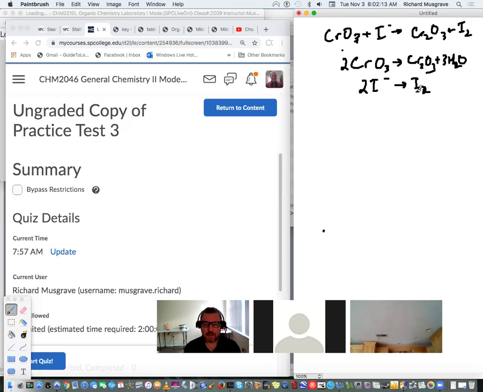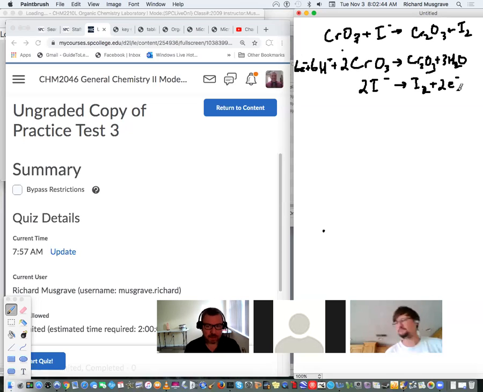And down here, that's fine for I. Now the hydrogens, we need 6 H pluses over here. And this over here, again, it's fine. As far as electrons go, this one's fairly easy. There's only one thing that has charge, and that's the hydrogen. So we need 6 electrons up here. Down here, we need 2 electrons on this side. And that would be it.